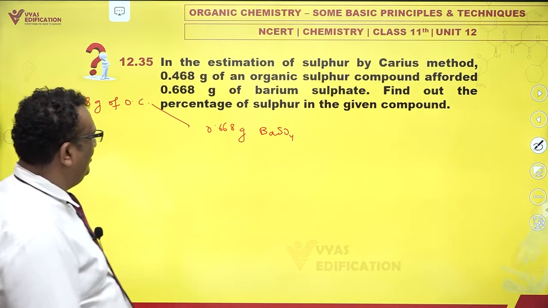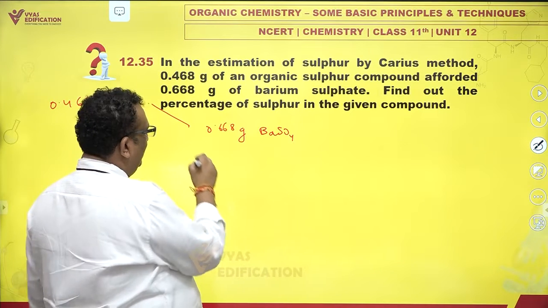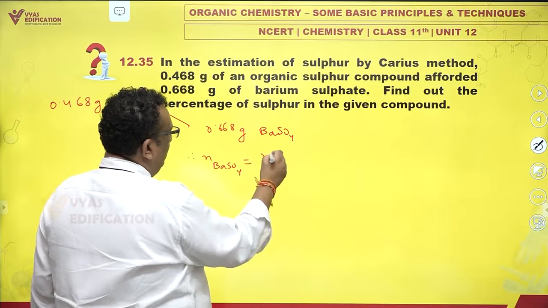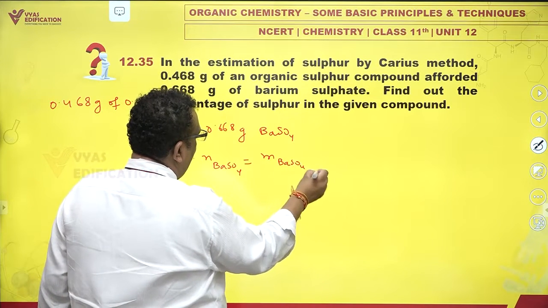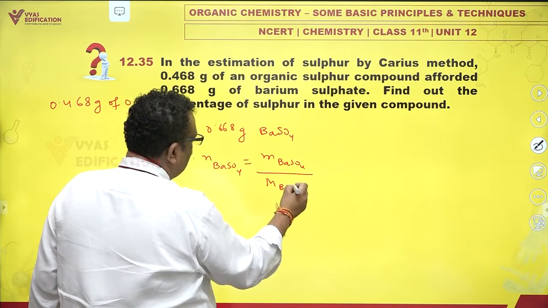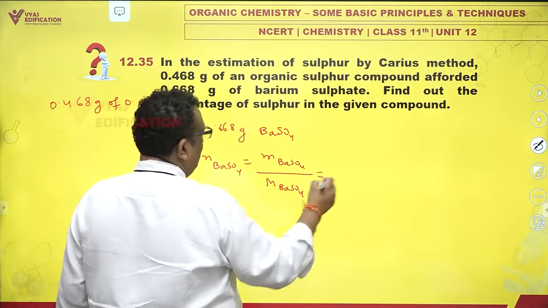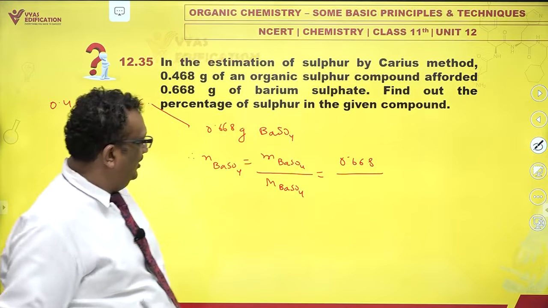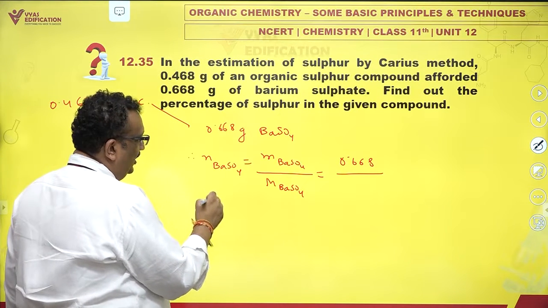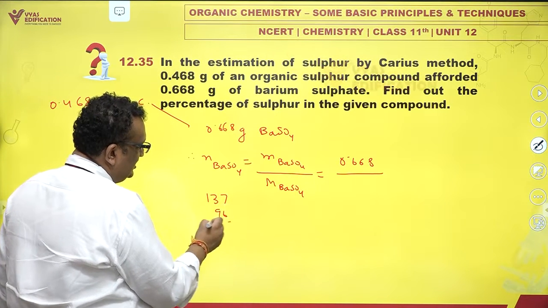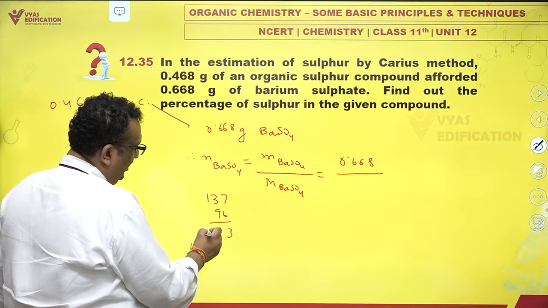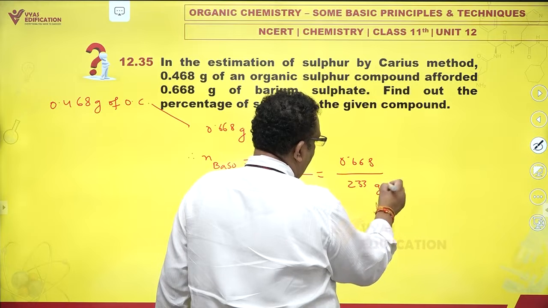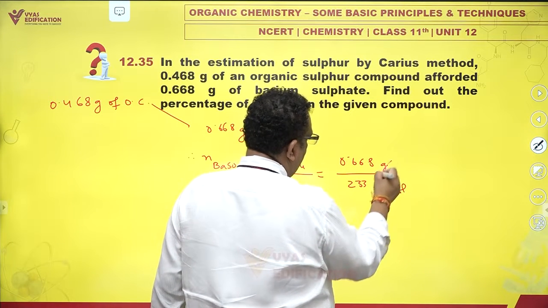Nothing can be easier. This is the mass of barium sulfate. The moles of barium sulfate, how many? This is mass of barium sulfate upon molar mass of barium sulfate, which is 0.668 by barium is 137, sulfate is 96, so 233 grams per mole.